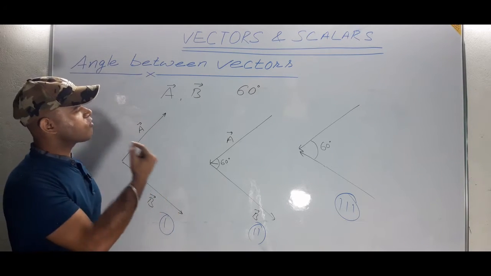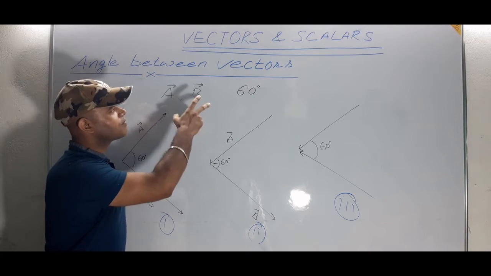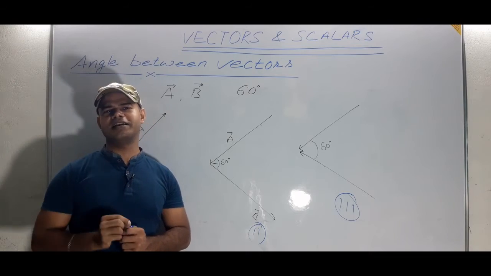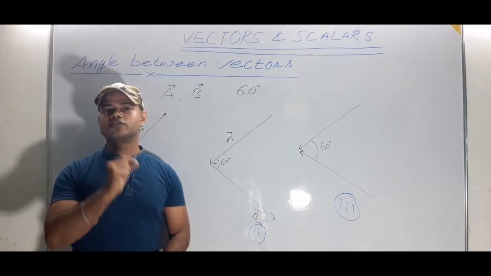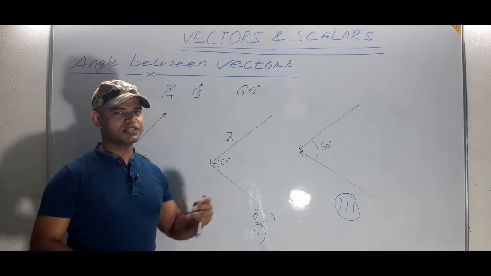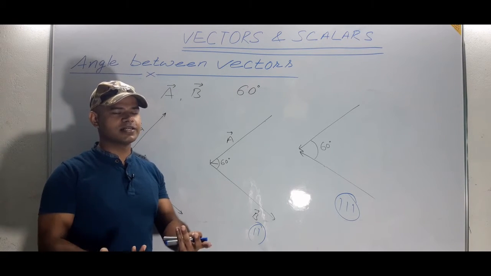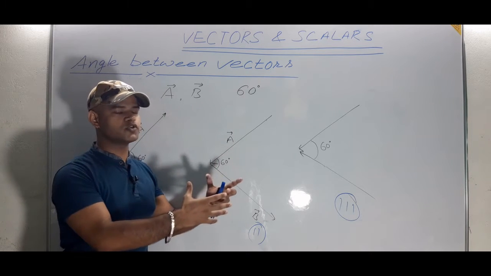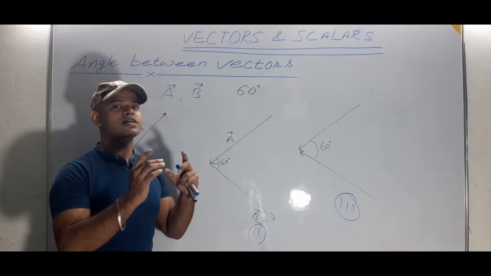That's why before writing or expressing the angle between two vectors, we need to follow certain terms and conditions, certain conventions. So what are those conventions? I am writing them in steps. Means before finding the angle between two vectors, what all you have to do, then you will be able to write the angle between vectors correctly.